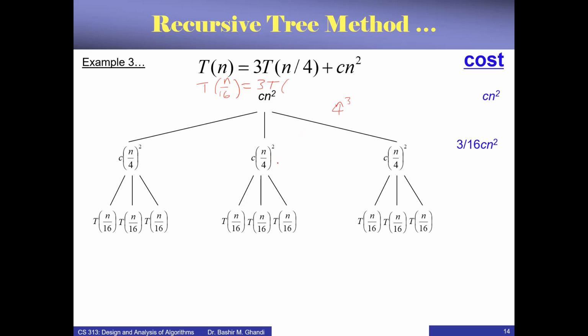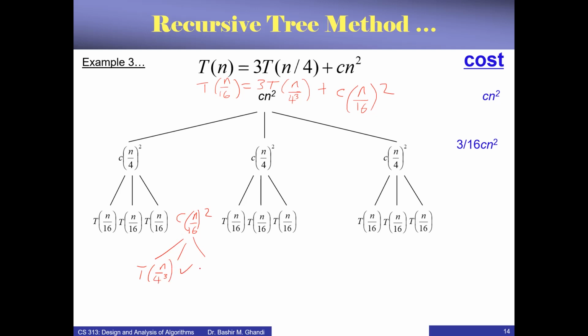So we can look at it that way as 4 to the power 3. So it's going to be n/4³ plus c(n/16)². So this is what we have. Therefore, instead of this T(n/16), each of these will be c(n/16)², and then another 3 branches, each of T(n/4³).